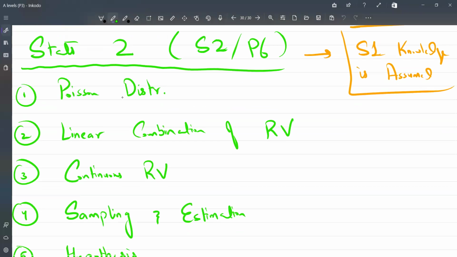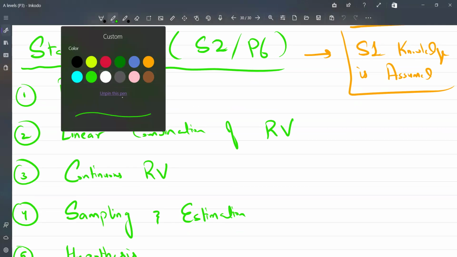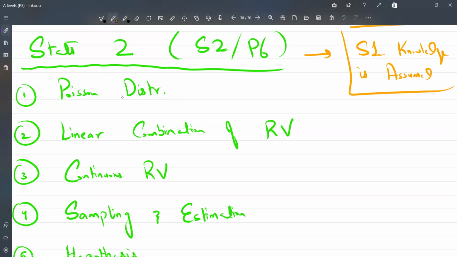Okay, so let's talk about S2, that is P6. Now, obviously, if you are studying S2, S1 knowledge is assumed. You cannot move to S2 without studying S1. That is the reason why you study S1 at AS level, right?